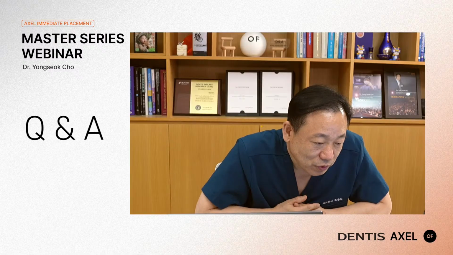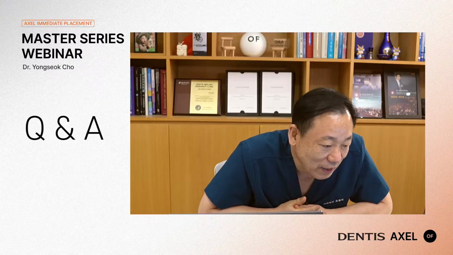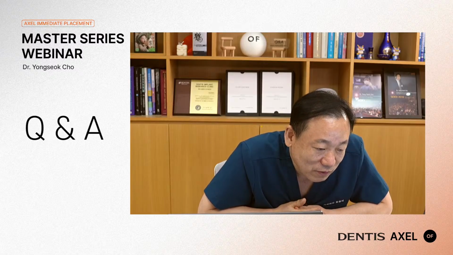Is it true that an immediate case always needs the implant placed more lingually to reach more bone surrounding the implant? No, not really. It depends on the anatomic condition of the root. Think about the position of the root in an immediate case. If it is a premolar case, you must place the implant lingually.